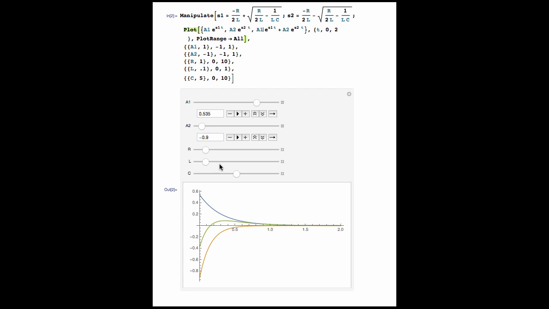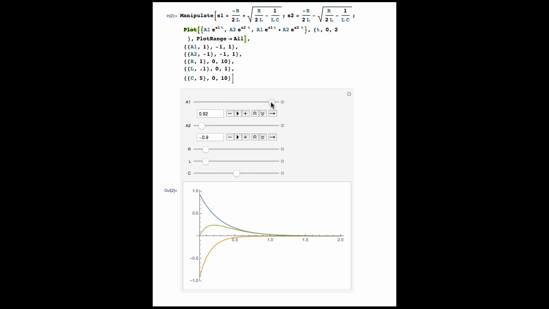So for example, if you have 0 value on the current, but the capacitor has a negative value, then it's going to increase in that direction, whereas if you have a positive voltage on the capacitor, it's going to increase in the other direction. But still, it's going to be trapped within these two exponentials.